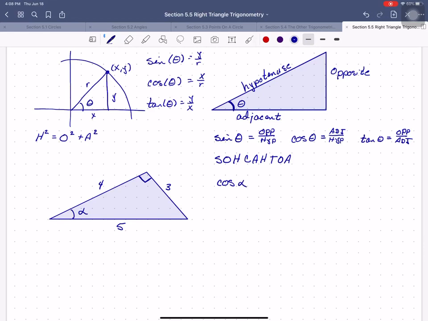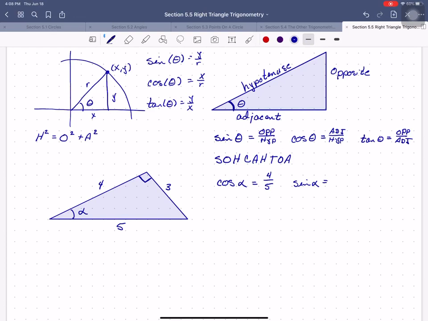Well, cosine is the length of the side adjacent to the angle divided by the hypotenuse. In this case, the hypotenuse is 5 because 5 is the side that is opposite the right angle, and the side adjacent to my angle alpha is 4. So the cosine of alpha is 4/5. We can find the sine of alpha.